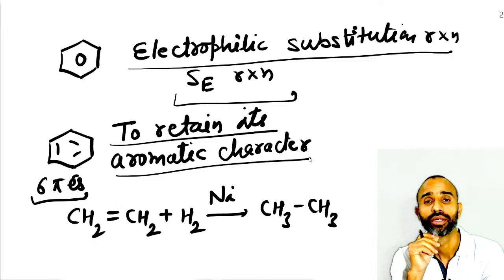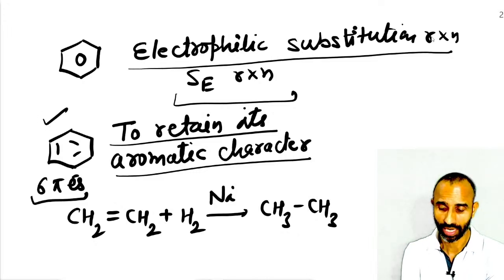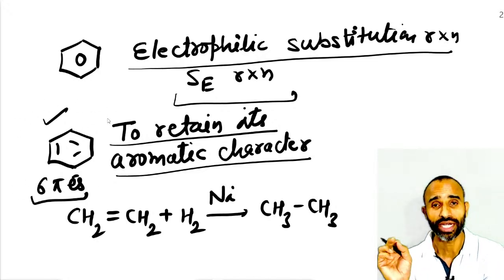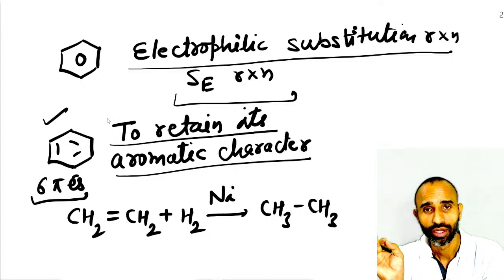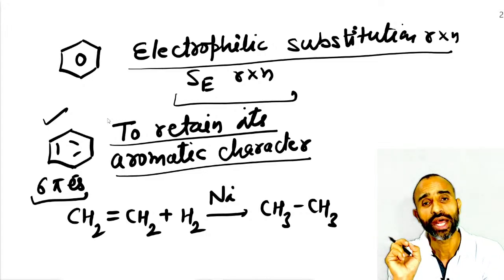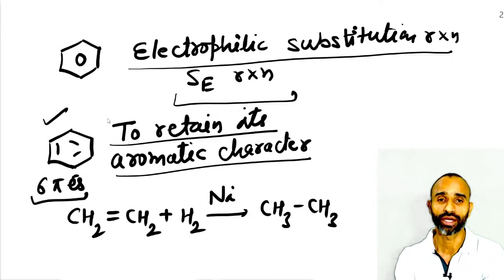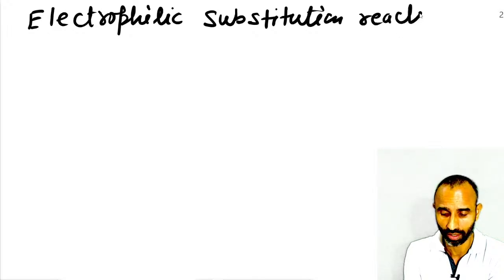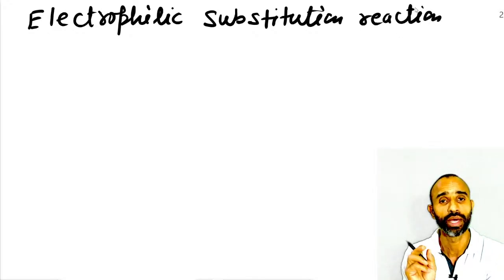It undergoes electrophilic substitution reaction because if it undergoes addition reaction, it does so only under vigorous conditions, and its aromaticity is destroyed. That's why, to retain its aromatic character, it undergoes electrophilic substitution reactions. Always keep the common electrophilic substitution reactions in mind, as they will do their job in all compounds whenever there is a benzene ring.